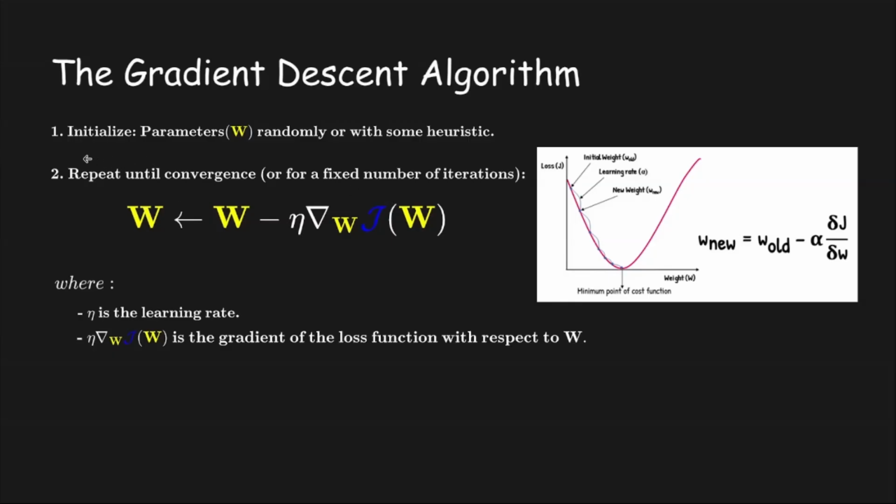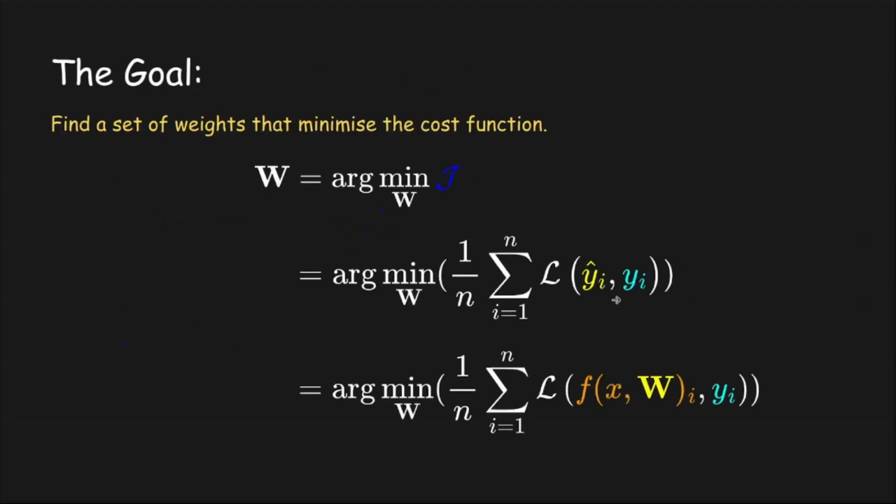So in gradient descent, you first initialize the parameters or the weights randomly or heuristically, and then we do a forward pass. We calculate the value of y hat, compare it with y, and calculate this loss function, and we do this for our batch.